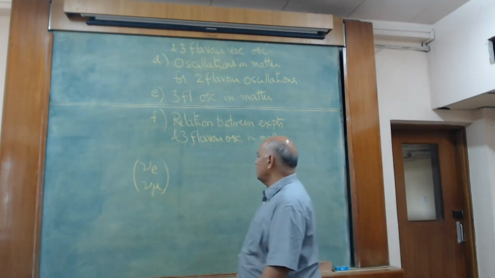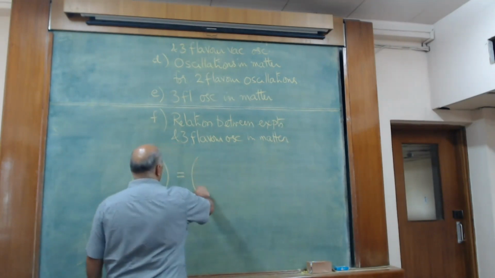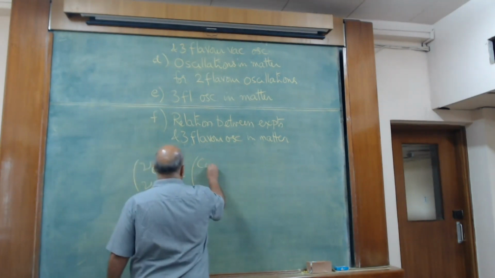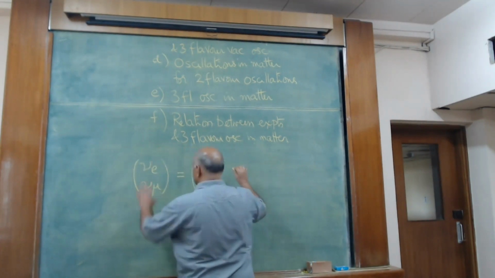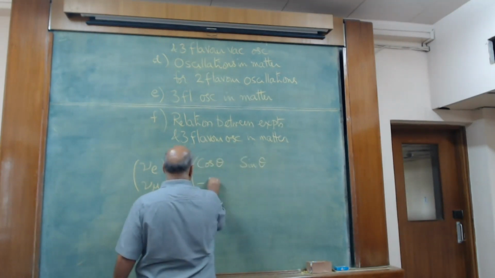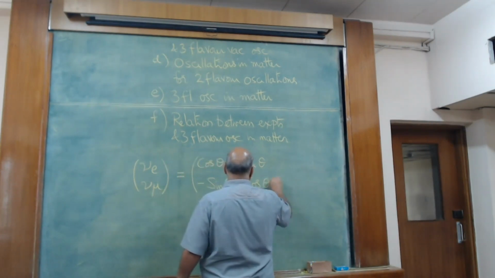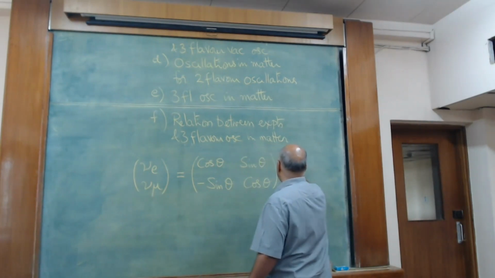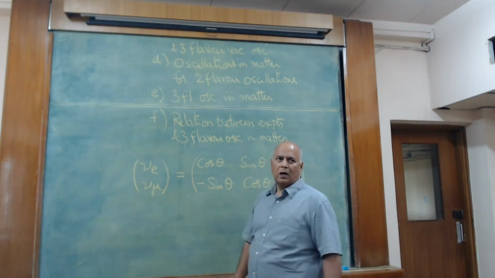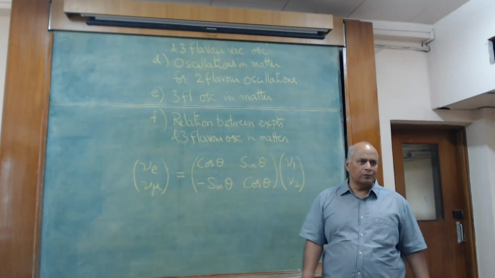And this is the argument made by the three Japanese physicists who said that these need not be mass eigenstates. Instead, mass eigenstates are orthogonal linear combinations of nu e and nu mu.